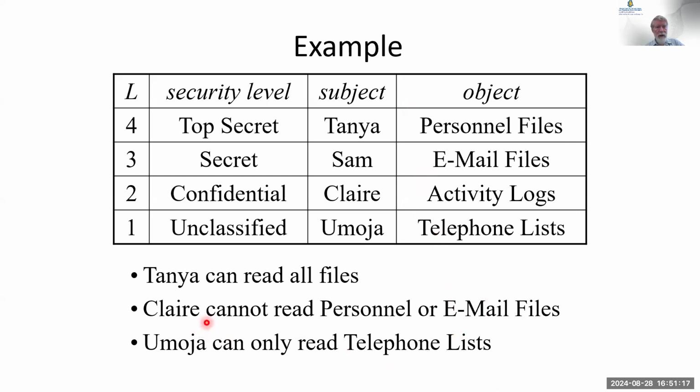Claire, who's at the confidential level, cannot read the personal files because those are at a higher level. She can read the activity logs and the telephone list. And Emoja, who's unclassified, can read the telephone list, and that's it. He can also write the telephone list. Okay, good enough? Pretty simple.